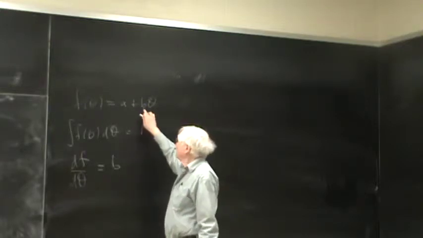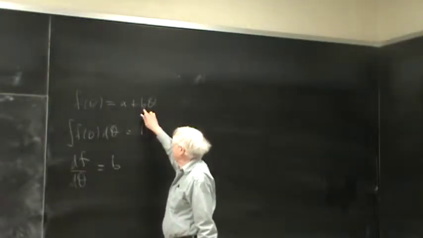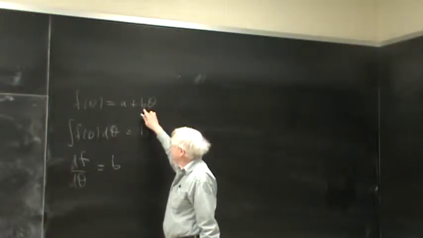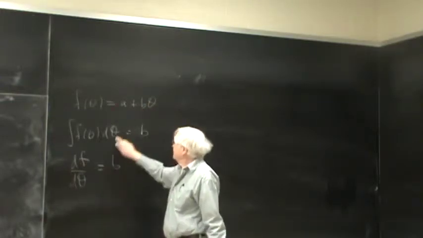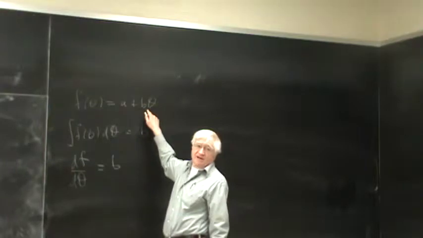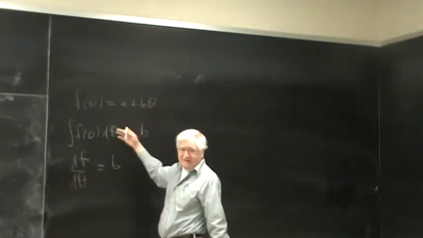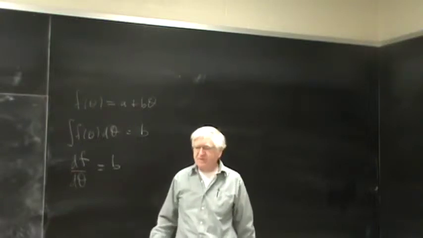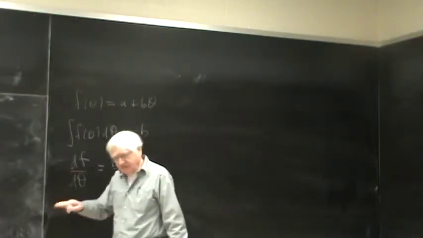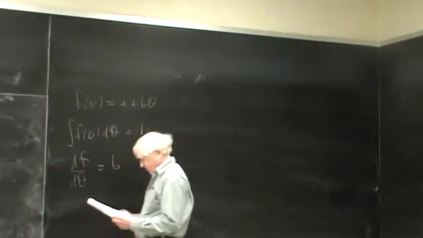If b is Grassmann, then this is correct if you're differentiating from the right. Otherwise, it's minus b. So left and right derivatives are different if b itself were Grassmann.